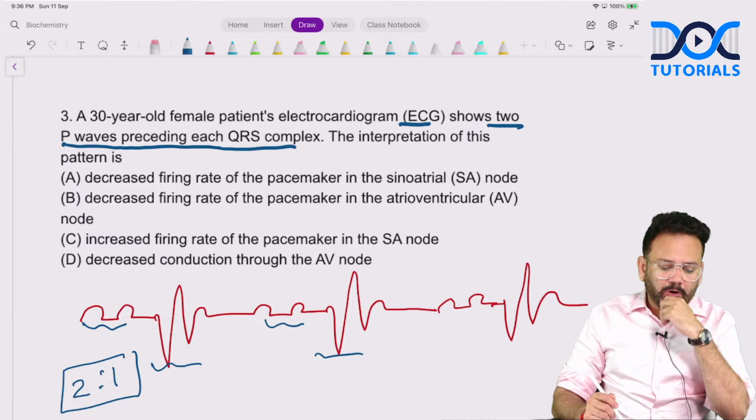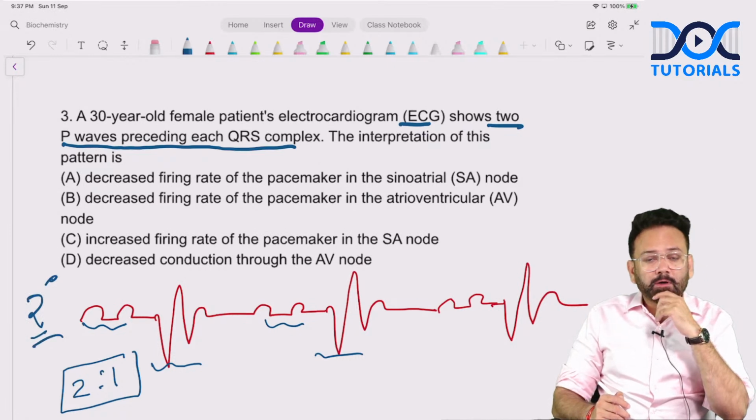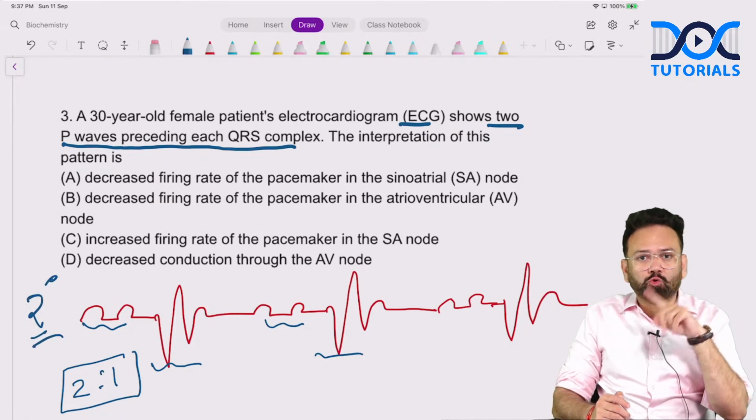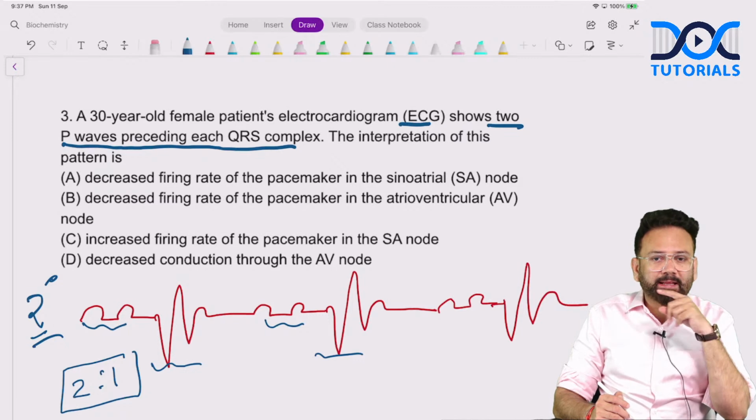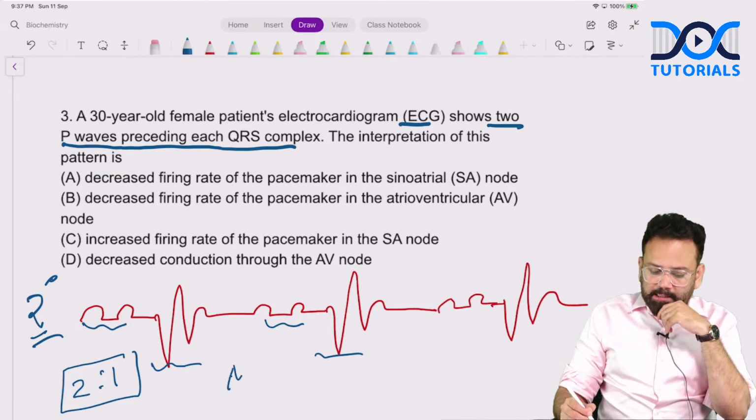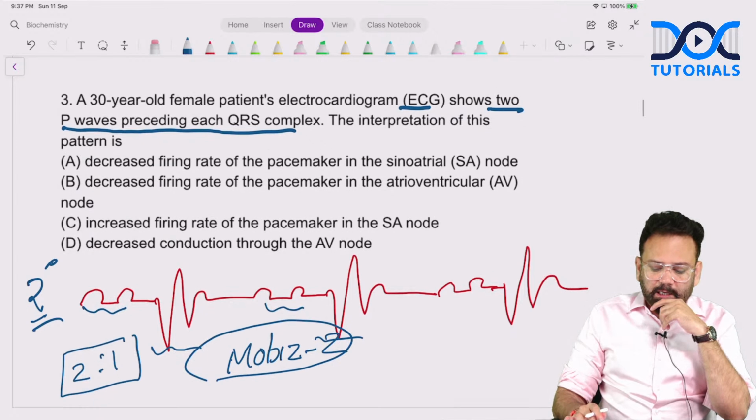Of course, it is second degree. In second degree, as we have discussed, there are Mobitz 1 and Mobitz 2. In Mobitz 1, you get the Wenckebach phenomenon. In Mobitz 2, you get 2:1. So this is an example of Mobitz 2.